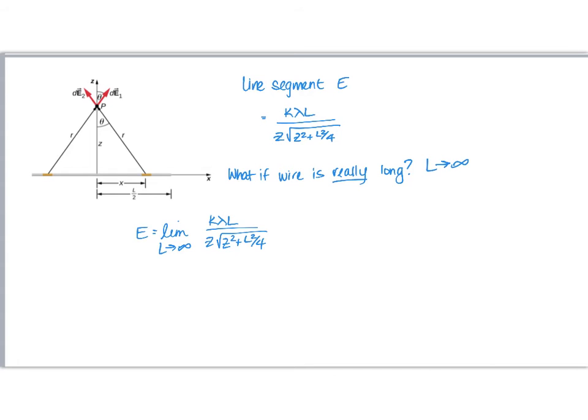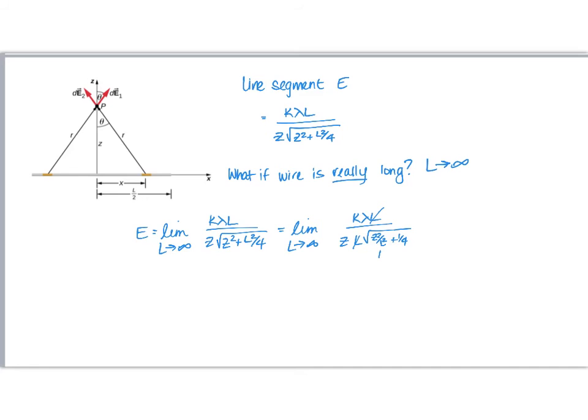It seems like a bad idea because I have an L on the top and then I'm just going to get infinity, but I'm going to factor out the L in the bottom. Because if I do that, then these two L's cancel out, and so now I don't have to worry about that.